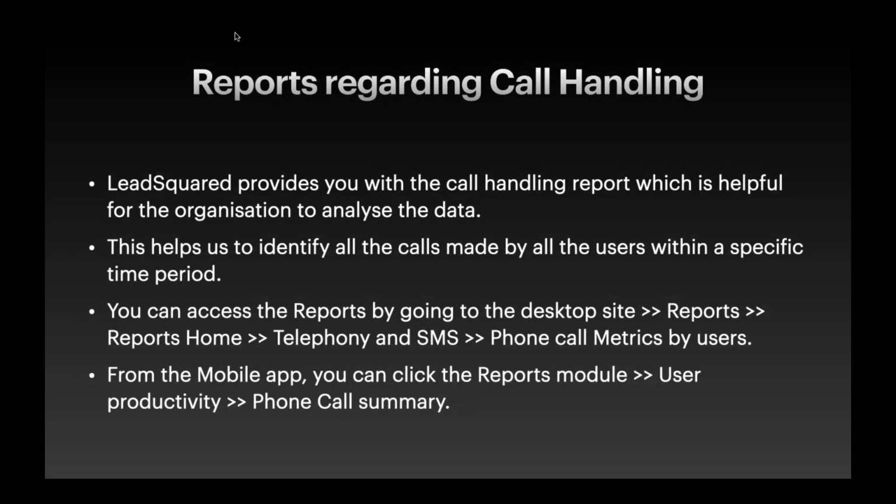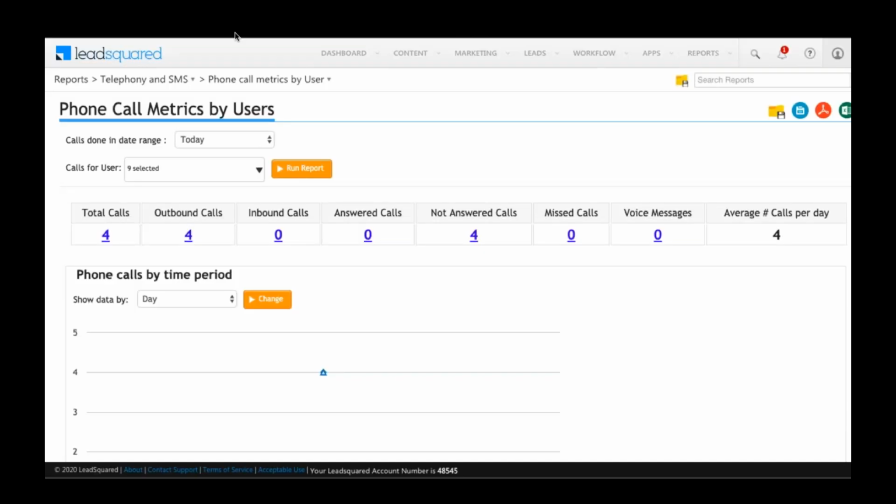So how do you get to this report section? We have the reports option available on Android devices, both devices as well, mobile devices as well. At the same time, we have the same thing on the desktop. What you need to do is go to the report section available on the top right corner.